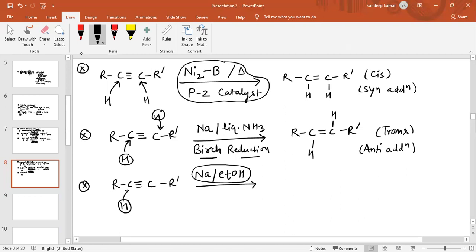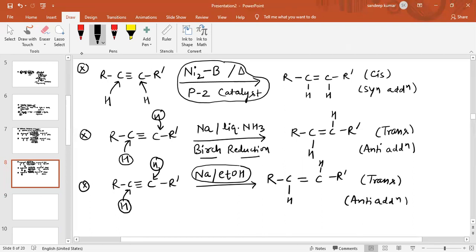So this hydrogen will attach on this carbon atom, and this hydrogen will attach on this carbon atom. Now the product obtained is R, C H, double bond, C H and R dash. So this is also a trans product, and we call this addition anti-addition.